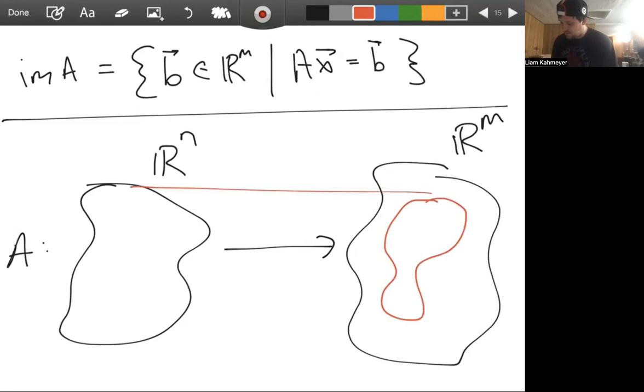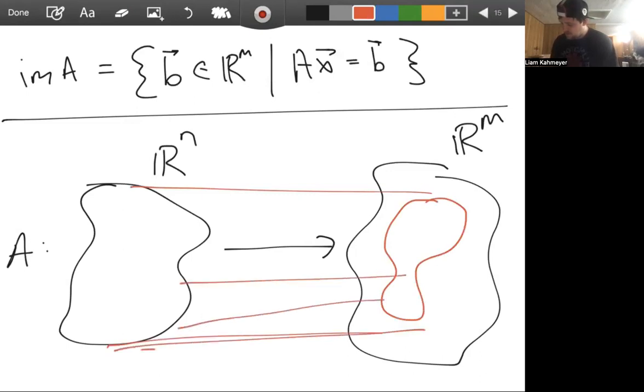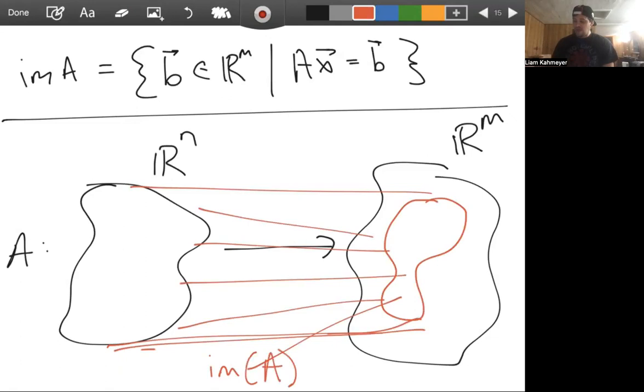It could map this whole space to just a subset of Rm here. And this subset is called the image, right? It's everything that A takes an element to. It doesn't have to be the entirety of Rm. Sometimes it is, and those are special types of functions. We'll explore this more in depth later.